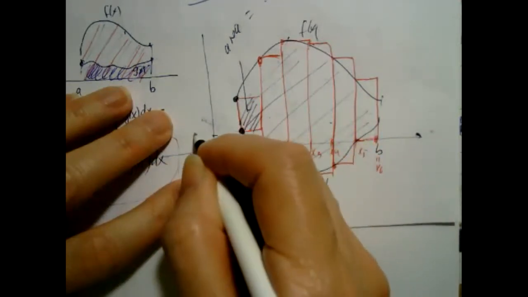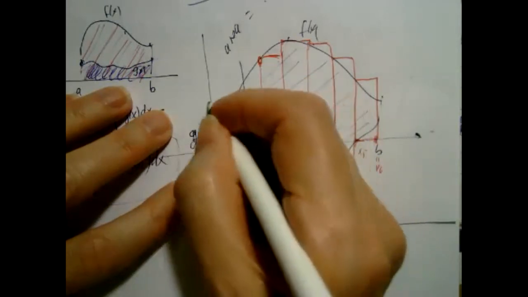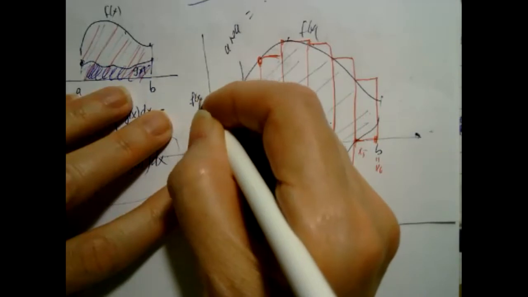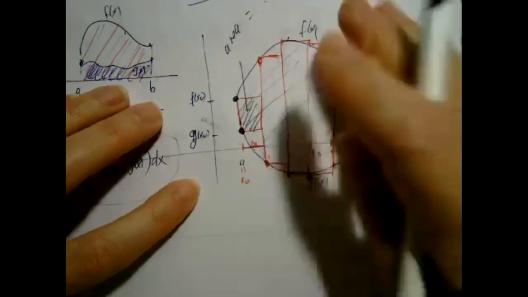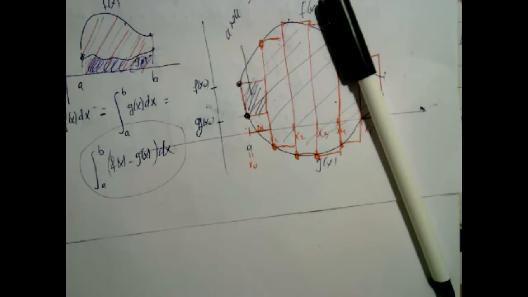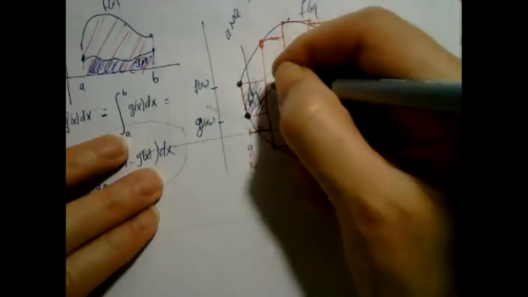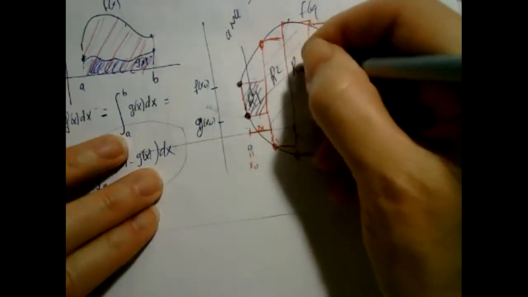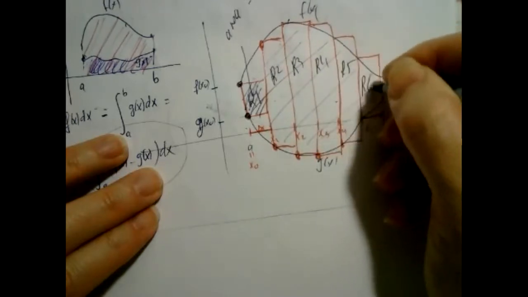Right, this is f of x0. Function of x0 times delta. And this here is f of x0. So the area of this rectangle, let me call this R1, and I call this R2, R3, R4, R5, R6.